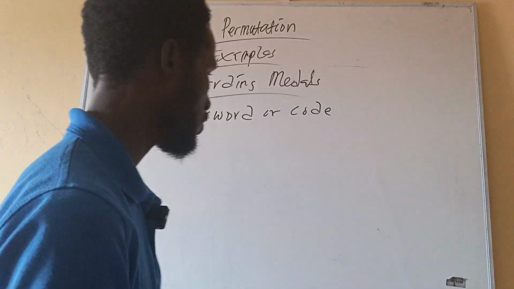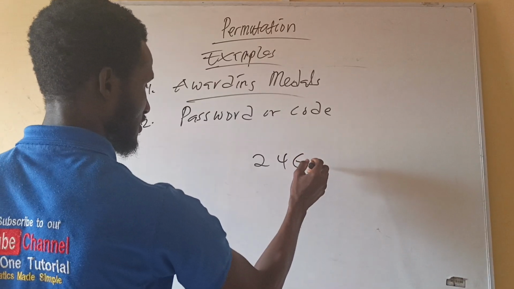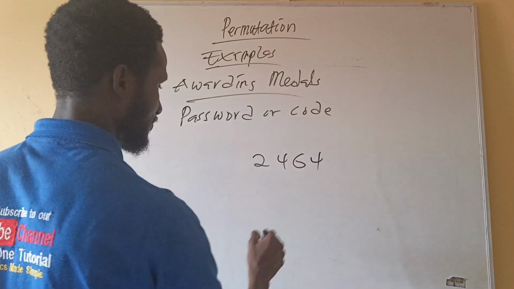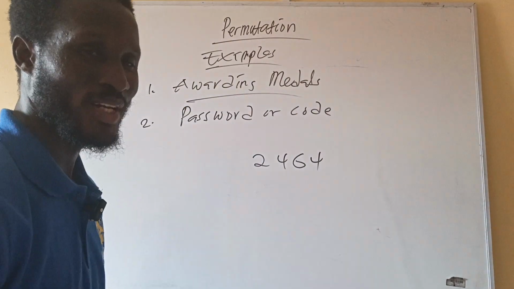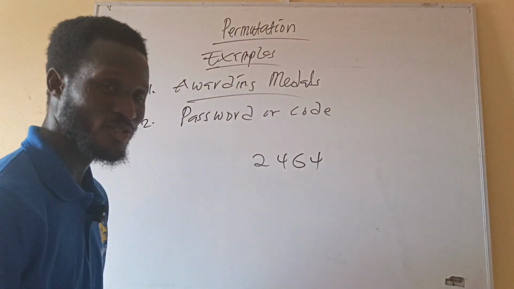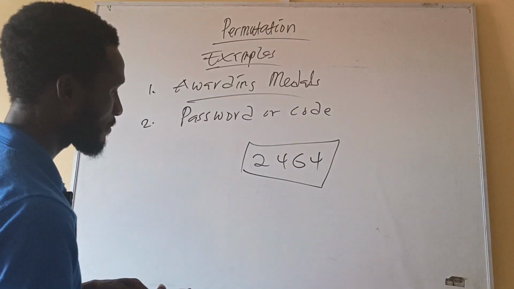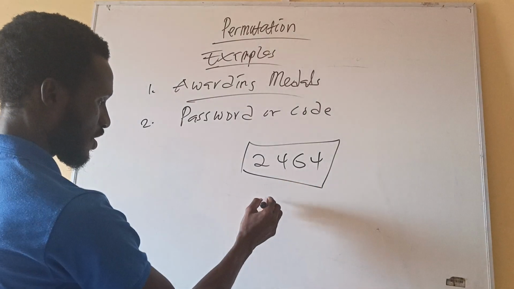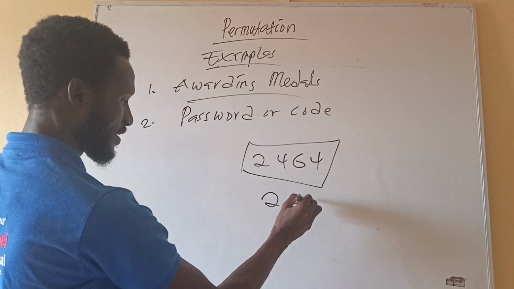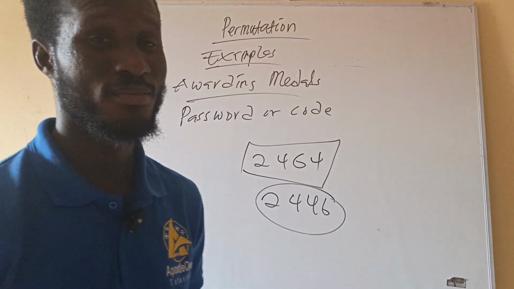If your phone password is 2464, when you want to punch your PIN on your phone or laptop, you can't interchange it, because the moment you do, it will give you an error.